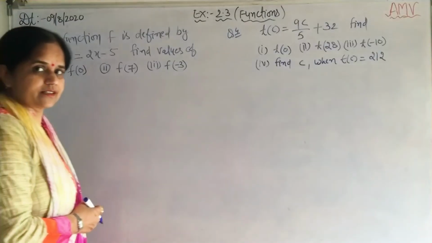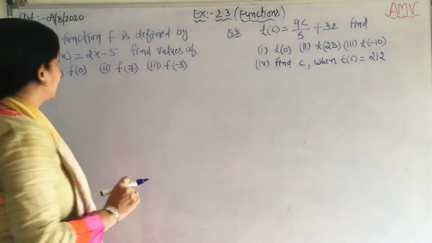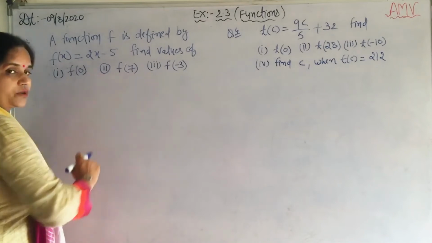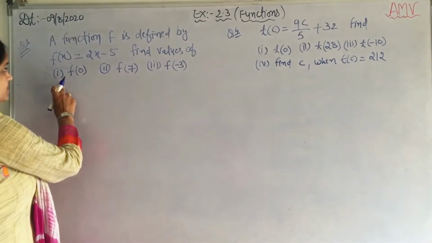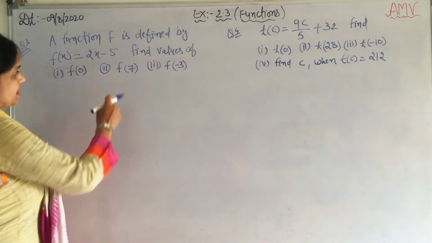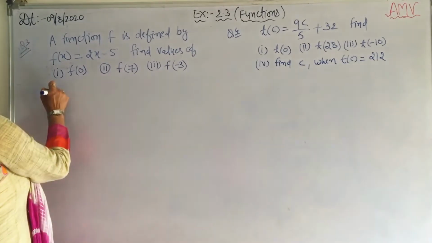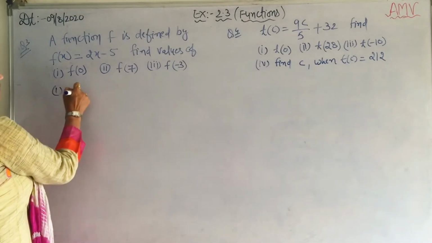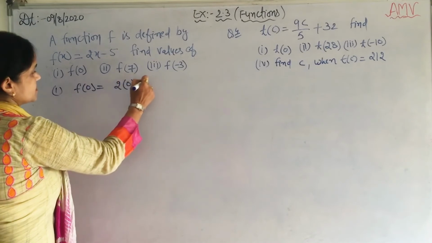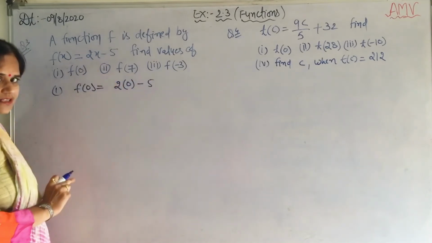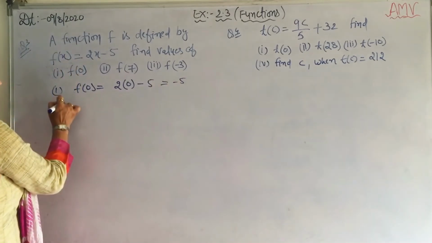Question number 3. A function f is defined by f(x) is equal to 2x minus 5. Find values of first part f(0), second part f(7), and third is f(minus 3). So for f(0) you have to write 0 in place of x in the given function. So answer is minus 5.